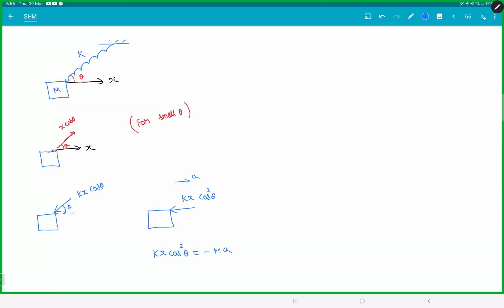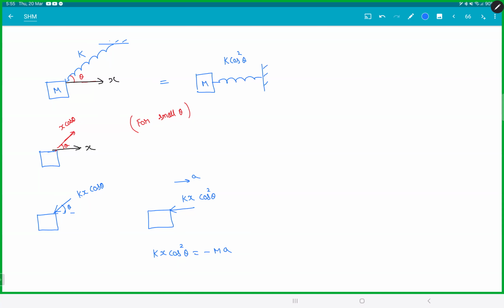When you look at this, what do you get the feeling? This spring at an angle is behaving like a block M connected to a horizontal spring whose spring constant is k cos square theta. Does that make sense? So you can replace that spring at an angle with a horizontal spring of k cos square theta.